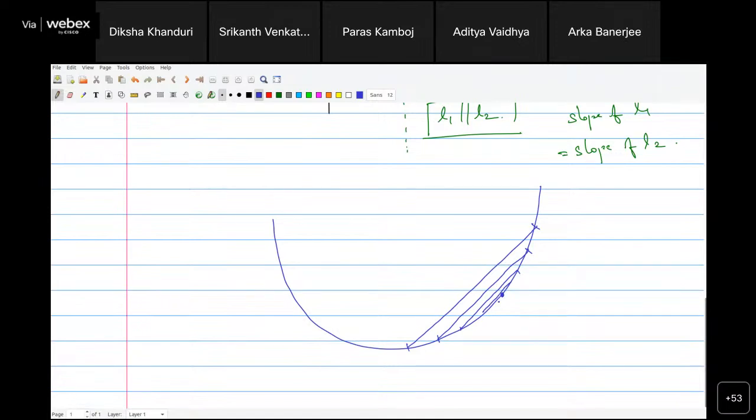How much closer we can come is some delta x naught maybe. So even that line will also be parallel to the tangent line. And if you compute these things, the slopes of every line are equal.